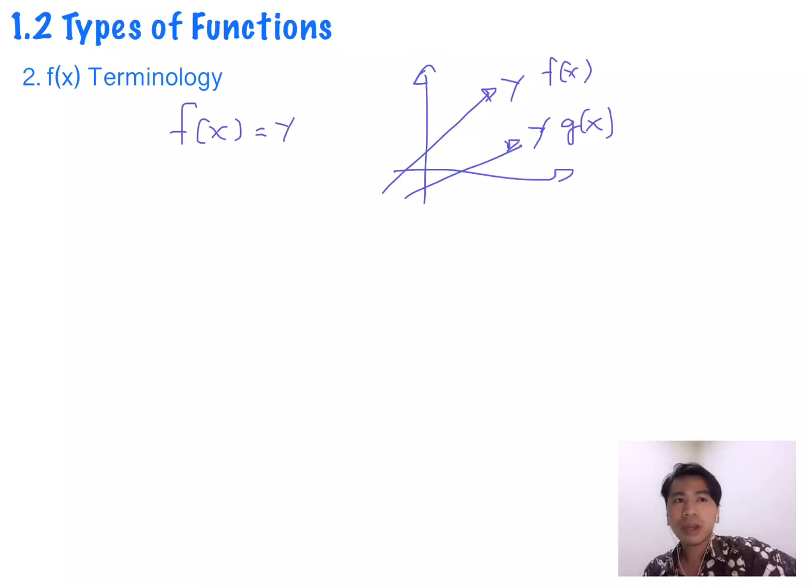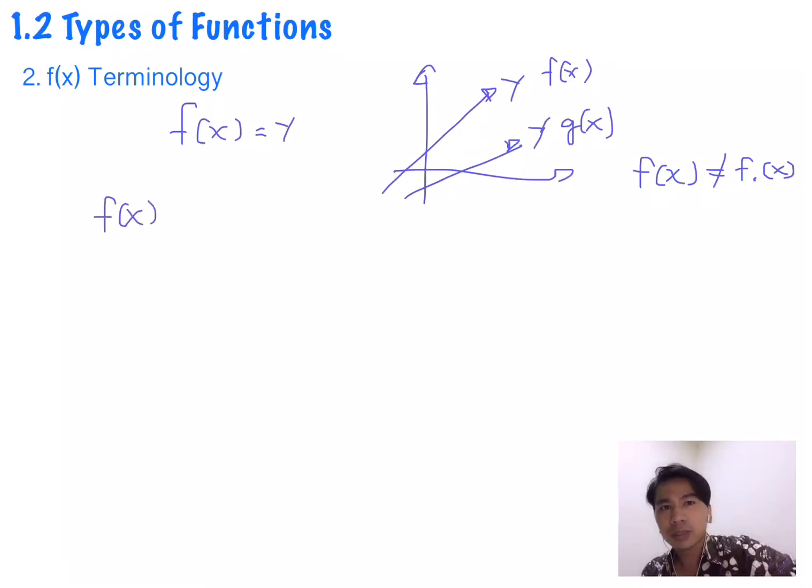Now, to clarify our misconception, f of x is not f times x. I'm going to put an example. Let's say f of x is equal to x squared plus 2x plus 1. Now if I have f of 4, then it will be 4 squared plus 2 times 4 plus 1.